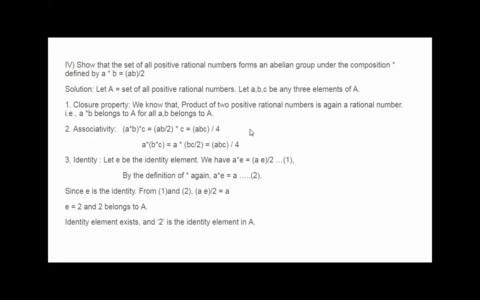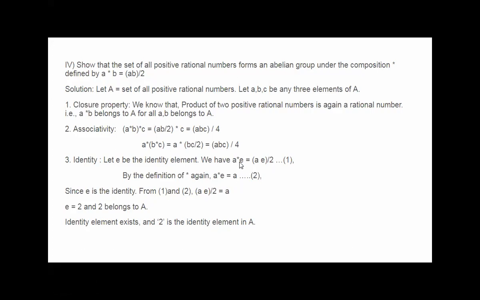Then, by the definition of identity, a star e is equal to a. We know that any element operated with the identity element gives that element itself. So from this we conclude that, since e is the identity, ae by 2 is equal to a.